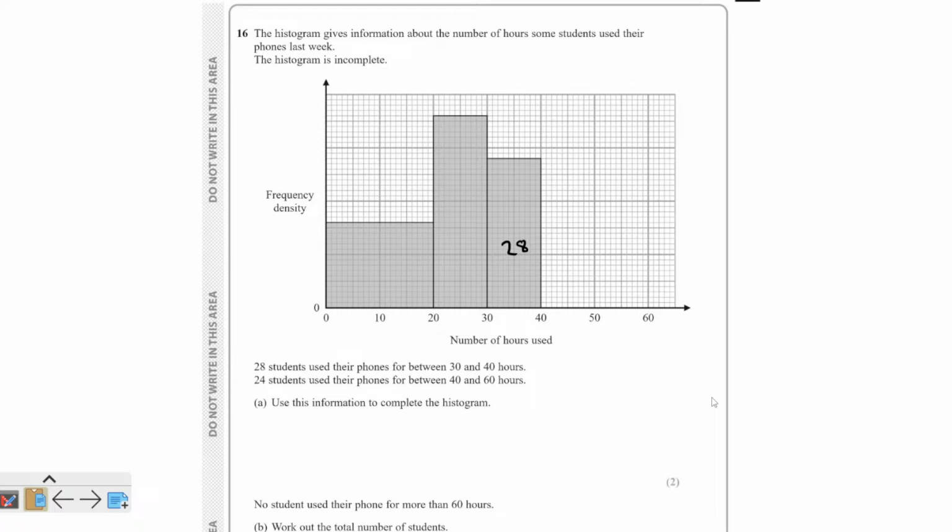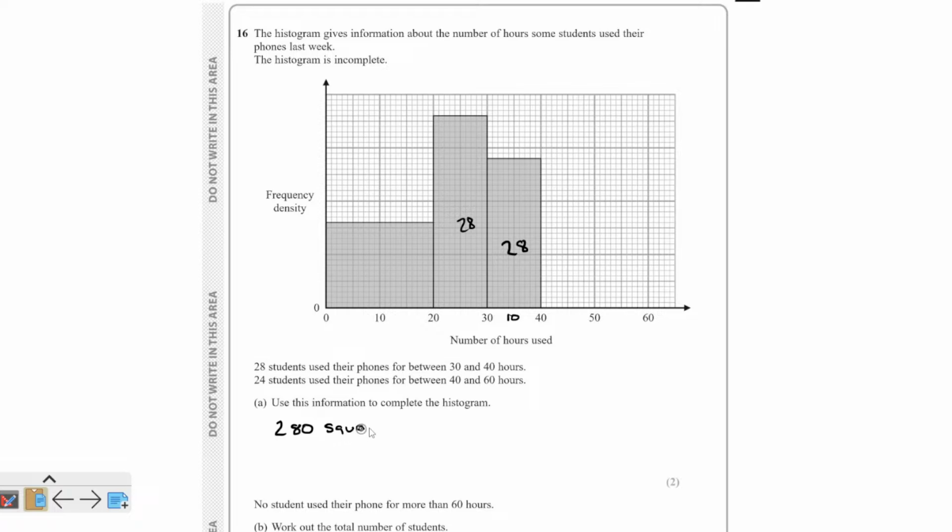Okay. So you can see we don't have the frequency density scale. So that's why we've been told this other thing. So when you're not given frequency density, I tend to work out the number of squares. So for example, do you see how across between 30 and 40, that's 10. And then up, we've got 10, 20, 25, 26, 27, 28 up. So the number of squares, if you just multiply it because it's a rectangle, is 280, isn't it?